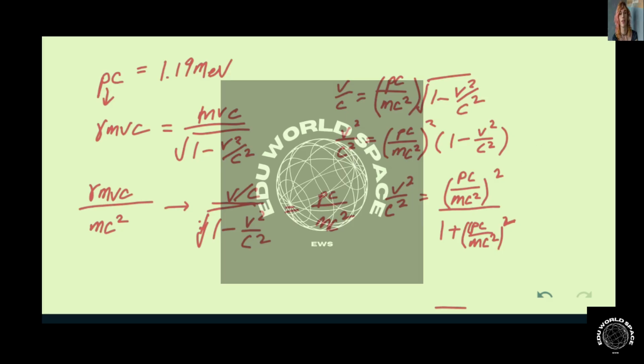Then to get v over c, we just take the square root of everything.